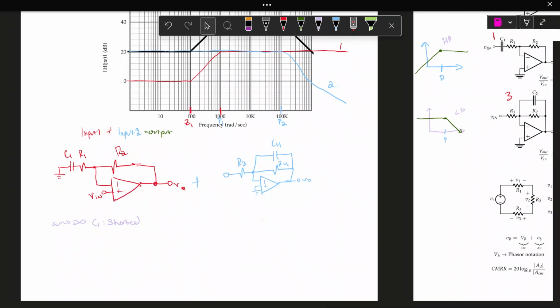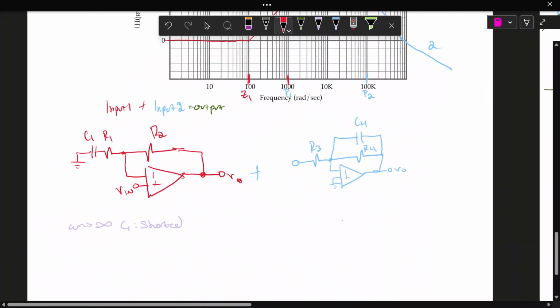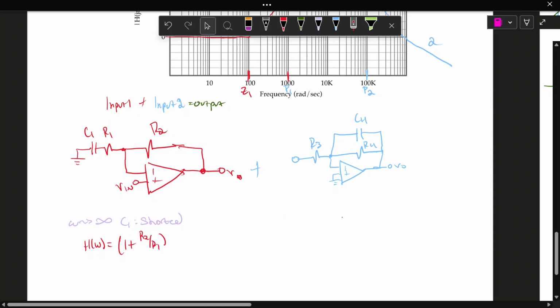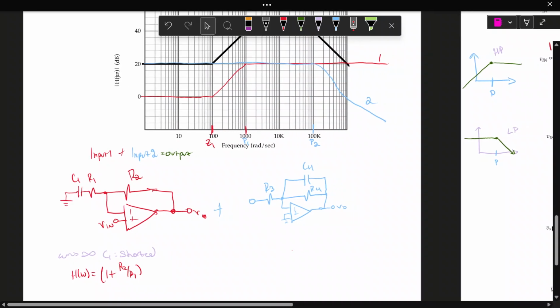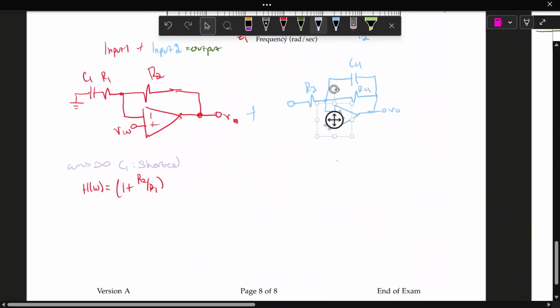So, knowing that, H of omega is equal to 1 plus R2 over R1. When omega approaches infinity, what is the value in decibels of input 1? Well, let's look here. Let's trace it back. That's 20.